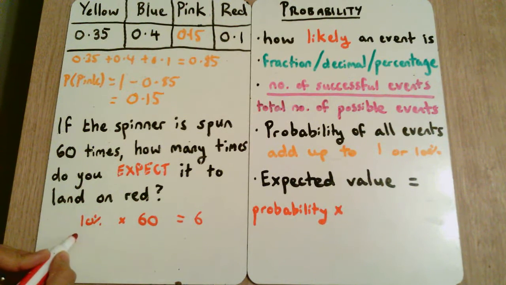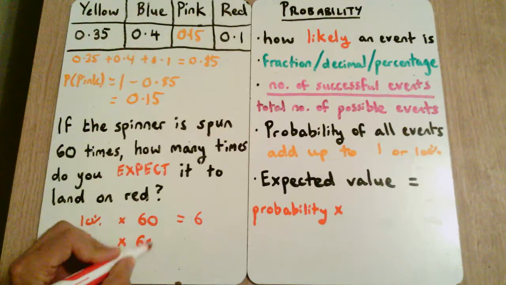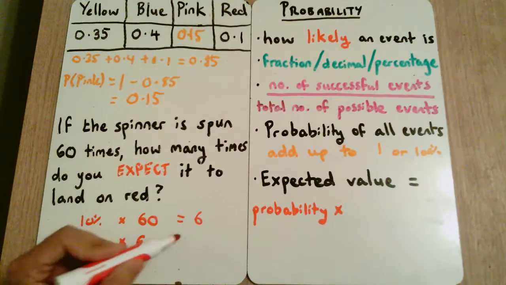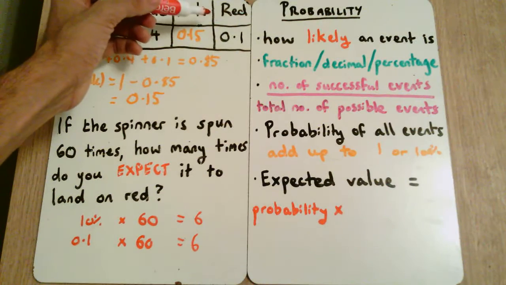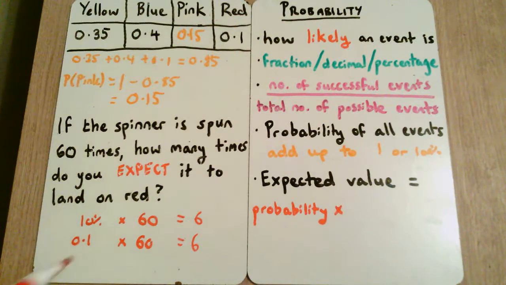Effectively, instead of writing 10%, I could have written 0.1 times 60, because that was the value in here. And we can see that what I've done is multiply the probability of red, which is 0.1, by the number of times we spun the spinner, or the number of trials we did.